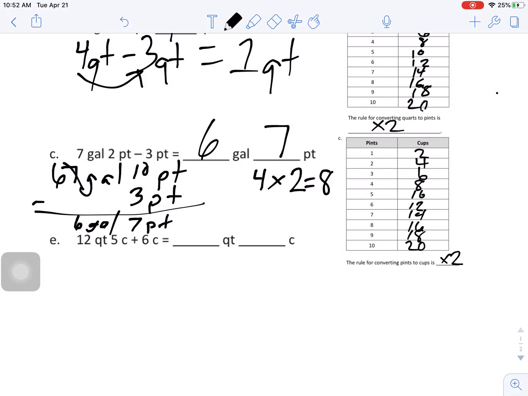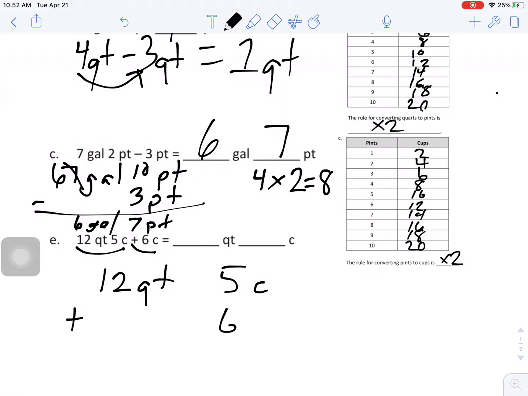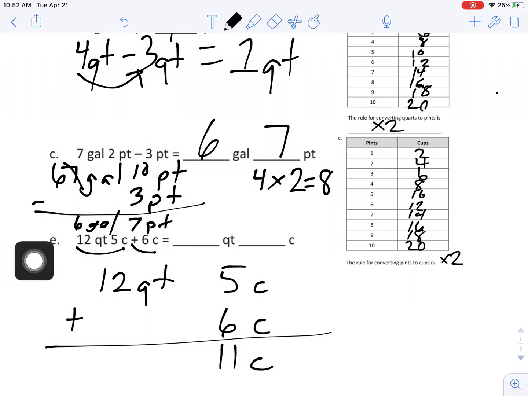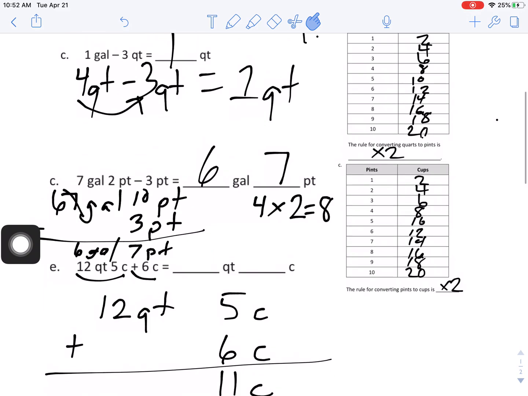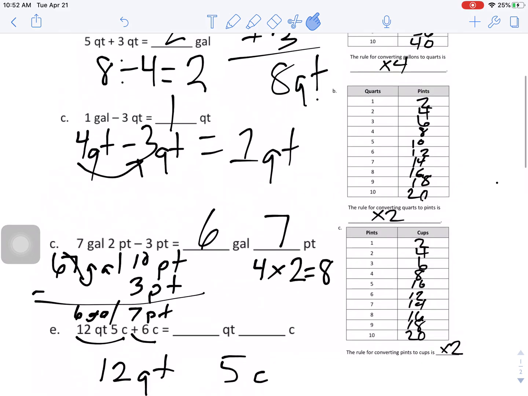Here I have 12 quarts and 5 cups, and I want to add 6 cups. I need to make sure I add just my like units, because my answer has quarts and cups. So I want to leave quarts and leave cups, but I need to add them if they're like. I'm going to write 12 quarts, 5 cups. Now I'm adding cups only, so 6 cups. 5 plus 6 is 11 cups. But I have to find out how many cups are in a quart.